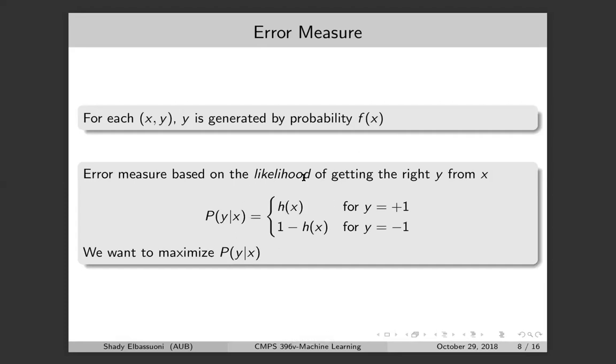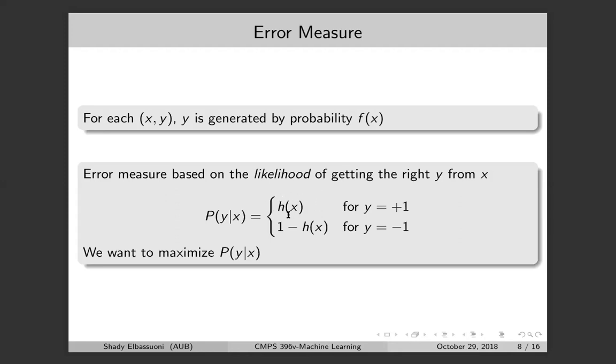So I have probability of y given x is originally f of x for y equal to +1, and 1 minus f of x for y equal to -1, where f of x is the unknown. So I'm going to approximate f of x using some hypothesis h of x, which is theta of w transpose x, so it's dictated by some weights.